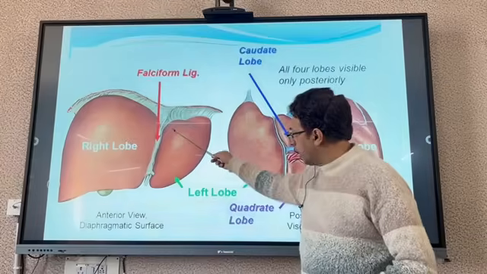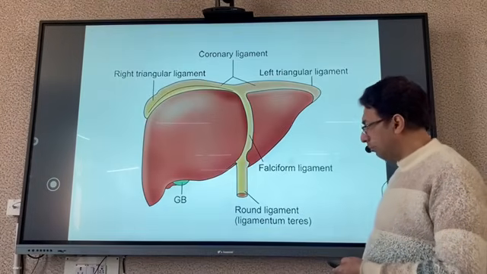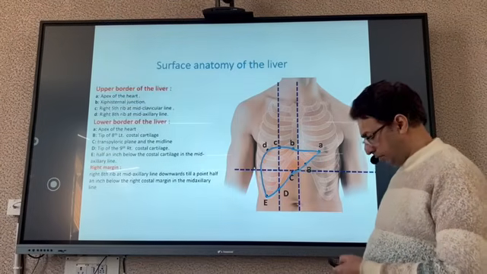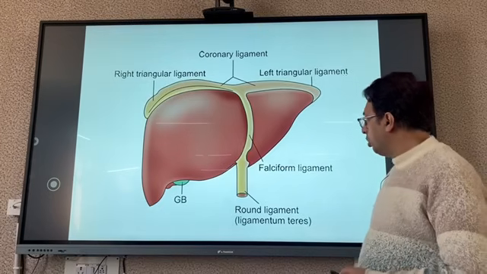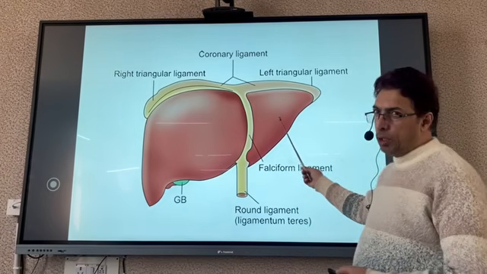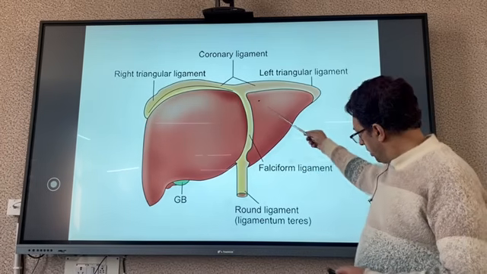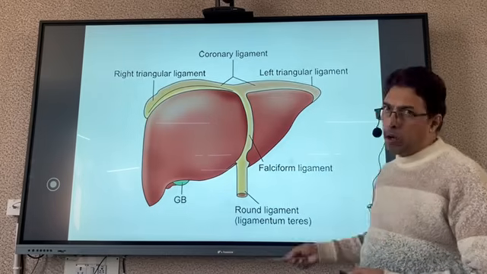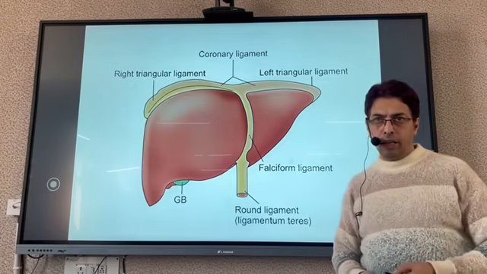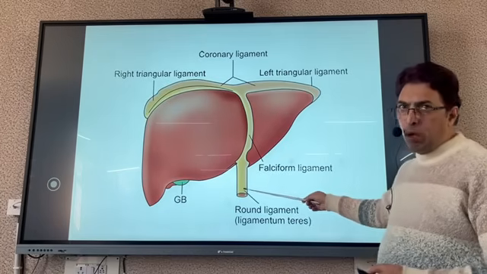So this would be the predominant right lobe of the liver, and this would be the predominantly smaller left lobe of the liver. And this is the falciform ligament, which we see anteriorly. Clear? Then, beneath we see a small projection.